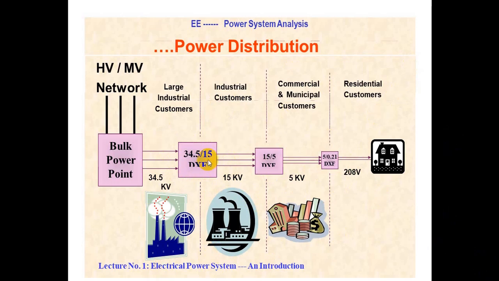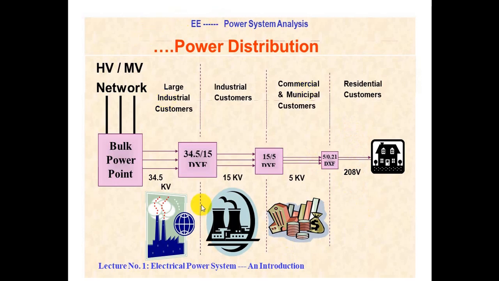In our country we might place it at 11 kV. 11 kV industrial customers will be supplied here, and for commercial or residential customers we will have to step it down further, like 5 kV. Some commercial customers might need 5 kV in any country, and then we have residential customers. It's 208 volts here, but we have a 220 to 230 volt requirement in our country.